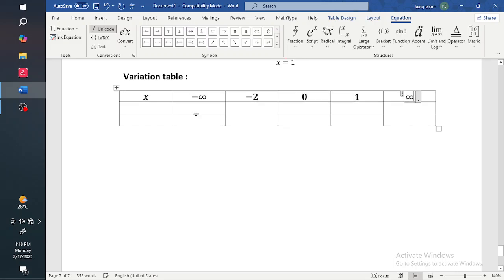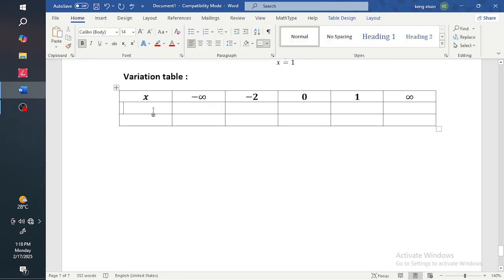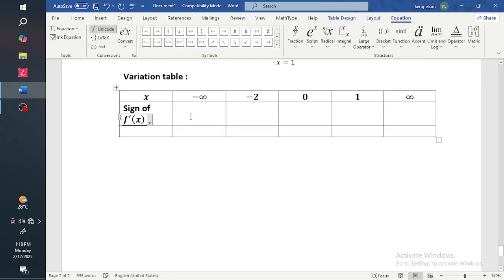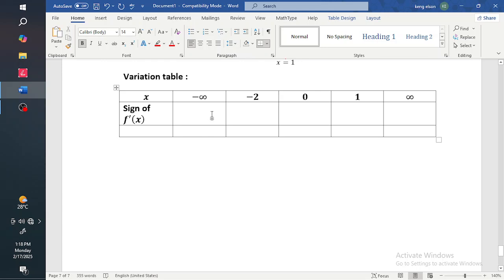Everything up here concerns x. It has to be in order. First you put the domain, then fit within it the intercept values. The next thing is the sign of f prime of x, or the sign of dy by dx. In all intervals our f prime was less than 0.